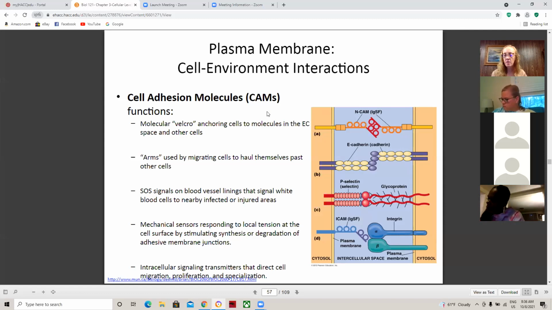One thing that's going to come up in the next slide is that cell adhesion molecules are involved in what we call contact inhibition. What that means is that cells will actively divide until they come in contact with another cell.